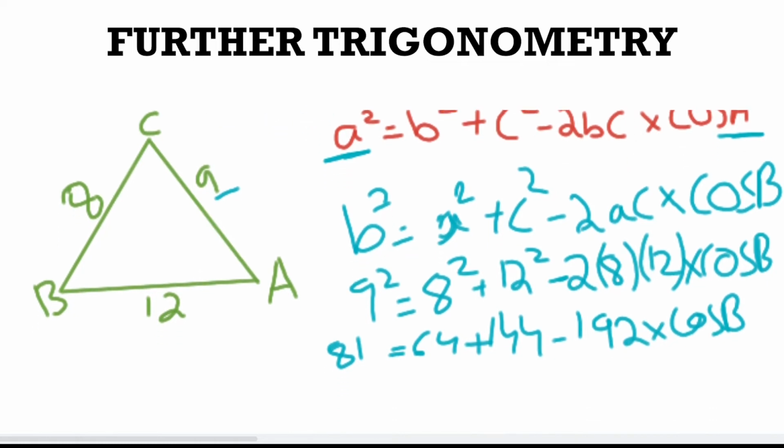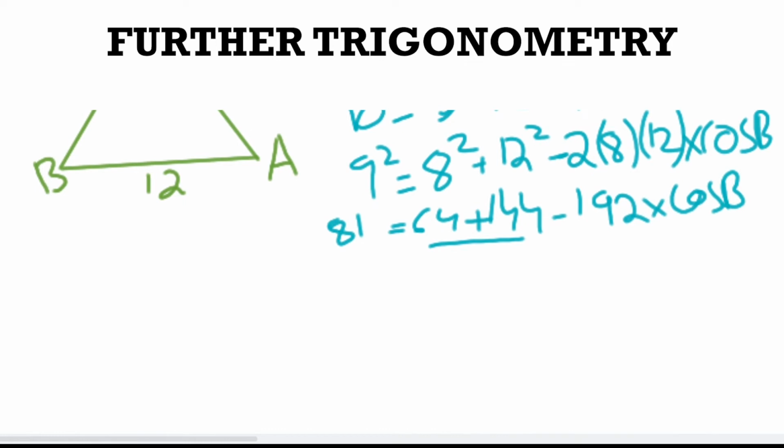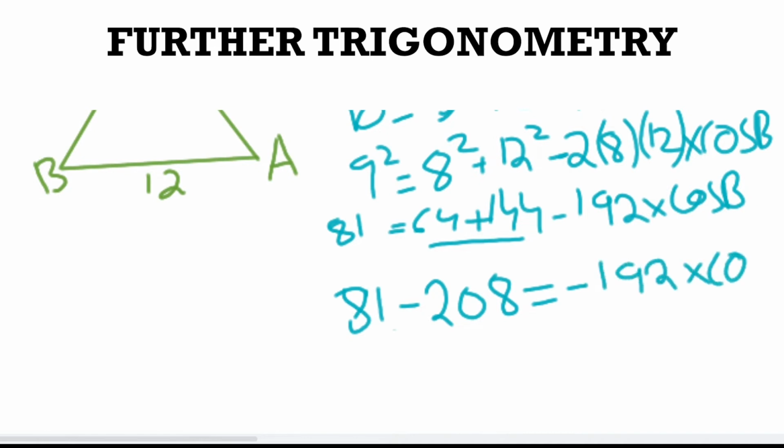Next we will add 64 plus 144, and then it will go to that side and be subtracted from 81. So it will be 81 minus 208 is equal to minus 192 multiplied by cos B. Next we will subtract this, and then we will move minus 192 to this side.